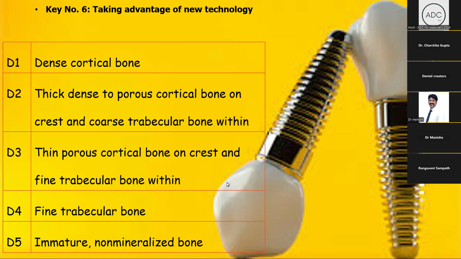Then D3 is the thin porous cortical bone on crust and fine trabecular bone within. While D4 is only fine trabecular bone and D5 is immature or non-mineralized bone. So this gives a type of bone. Which bone is good?